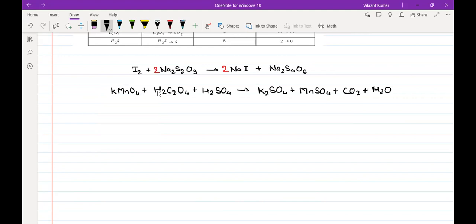The previous one was also a redox reaction, but in this case, look at oxygen: in every reactant and every product, oxygen is present. So how to balance it?